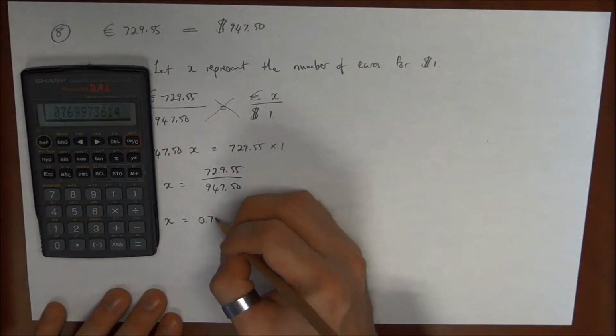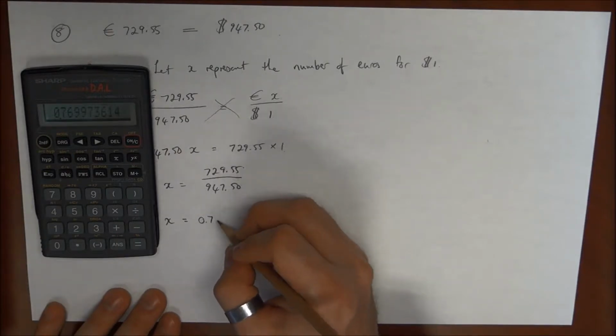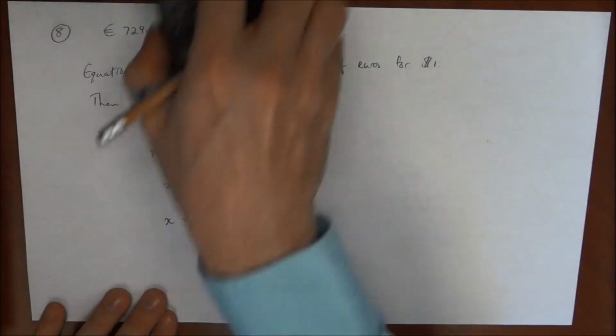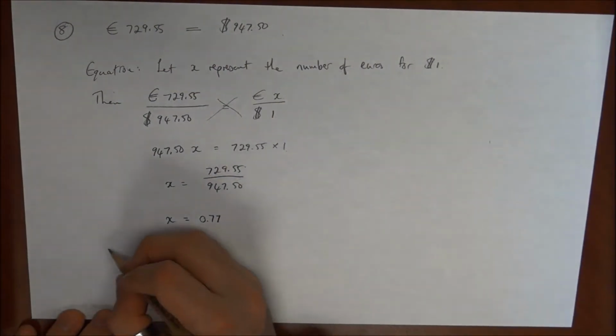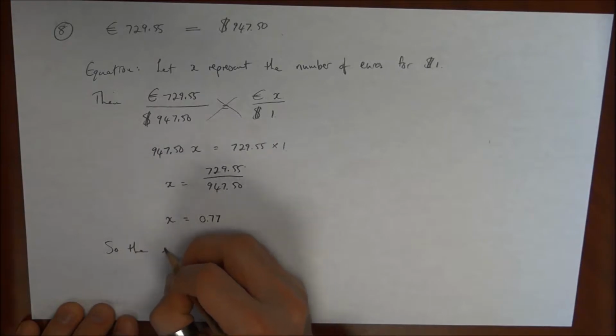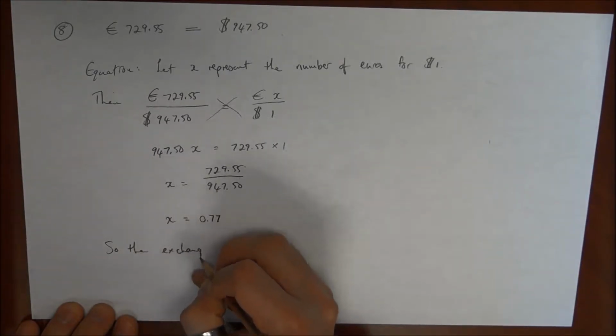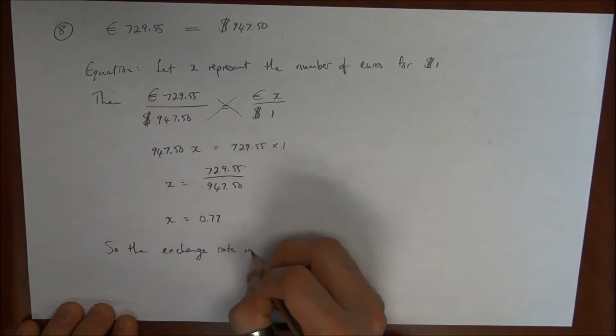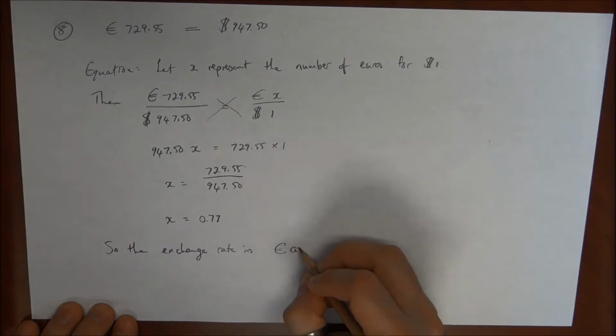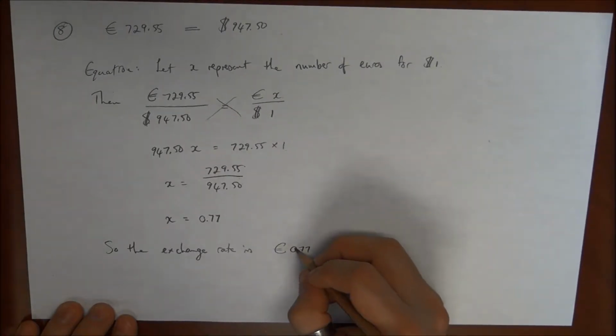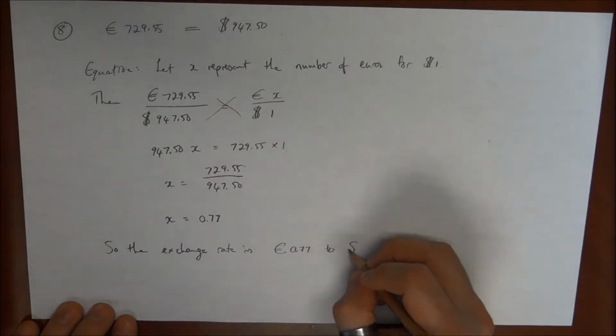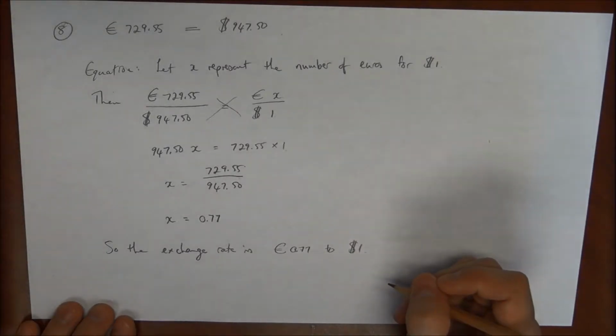That's 0.7, I'll round to the nearest four decimals, 0.7700. So the exchange rate is 0.77 euros to $1.